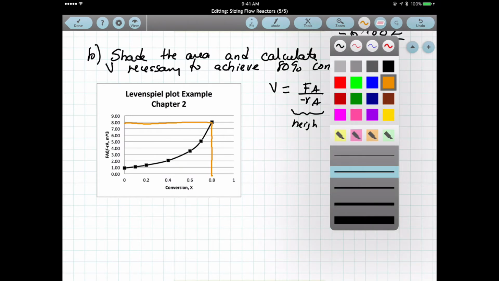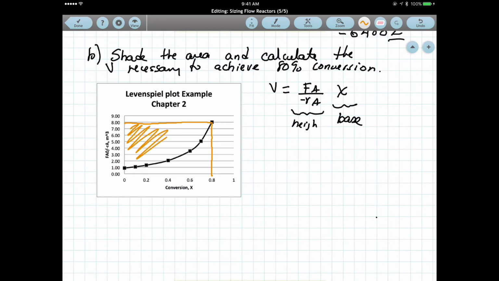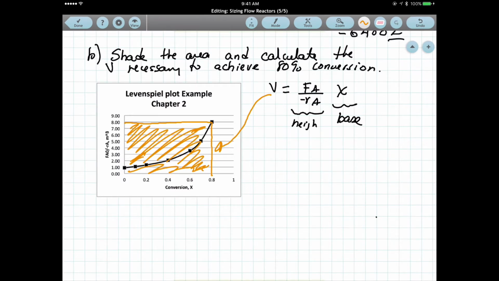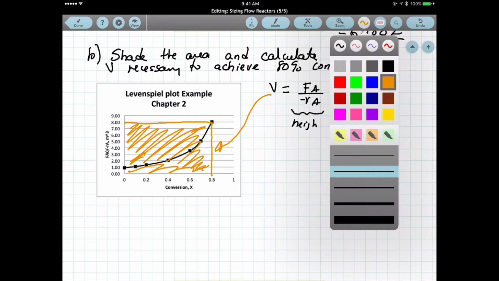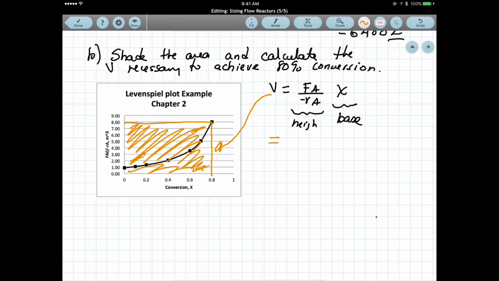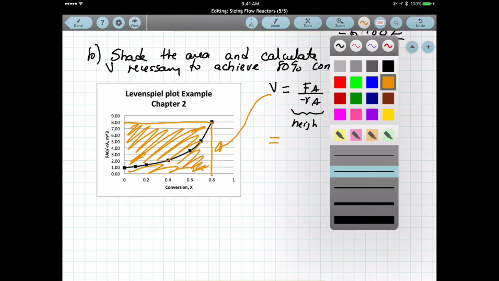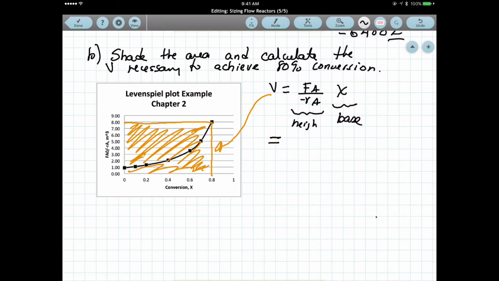So that means if we want to shade what corresponds to the volume, it will be the area. So you can do the substitution again. You know that this value from the graph equals, I'm going to change color back again, 8 meters cubed times 0.8, which equals 6.4 meters cubed.